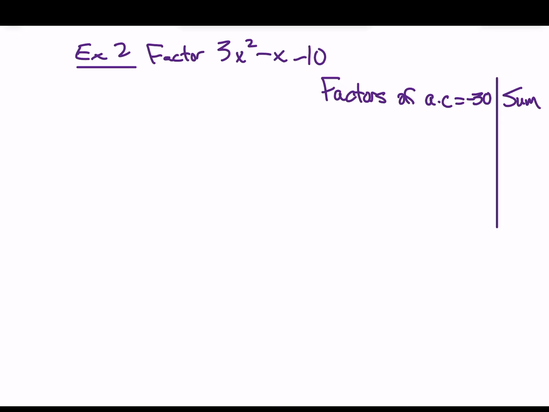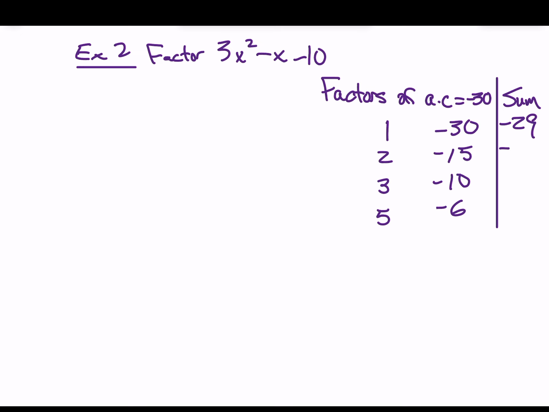So our C is negative. That means one of our factors is negative and one is positive. Our B is negative, so the bigger factor is negative. So we have 1 and negative 30, 2 and negative 15, 3 and negative 10, and 5 and negative 6.